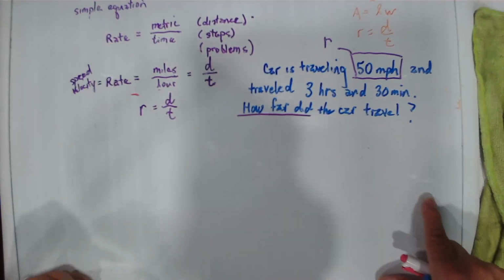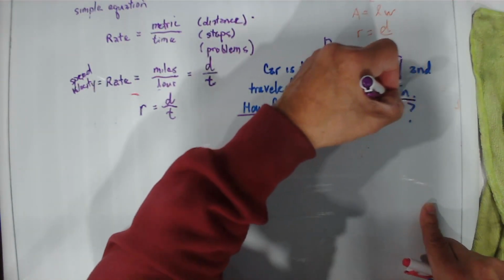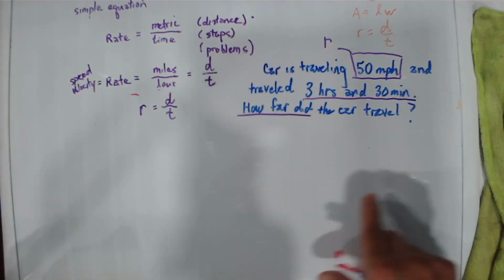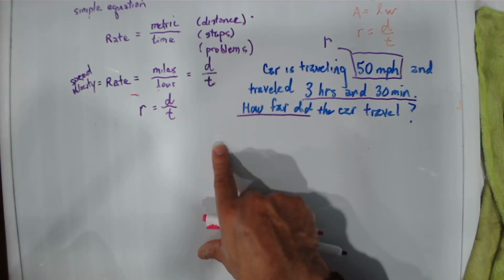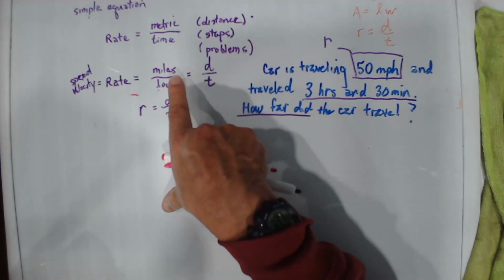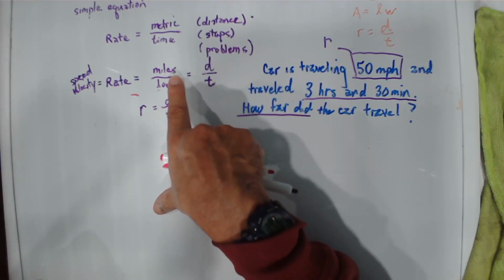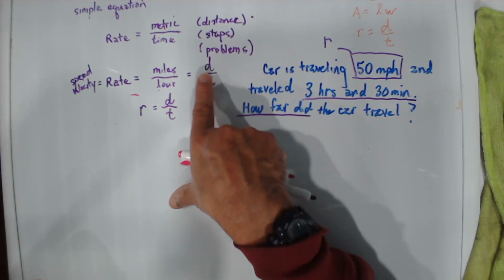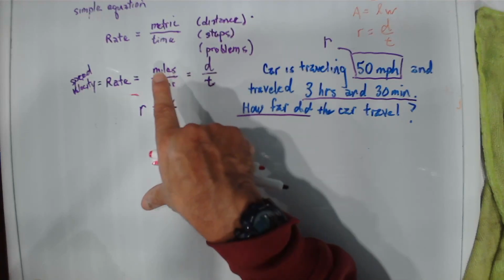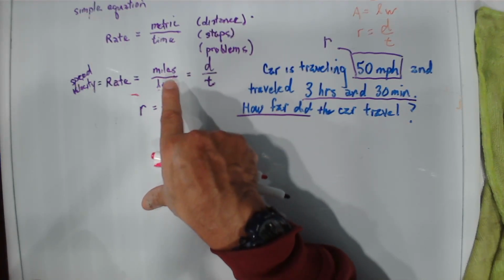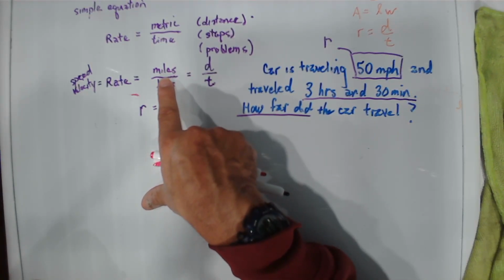Now it says we traveled 3 hours and 30 minutes. Now looking at this, does it look like D? Let's see, D is distance. Distance is usually done in some sort of distance unit, miles or feet or inches.